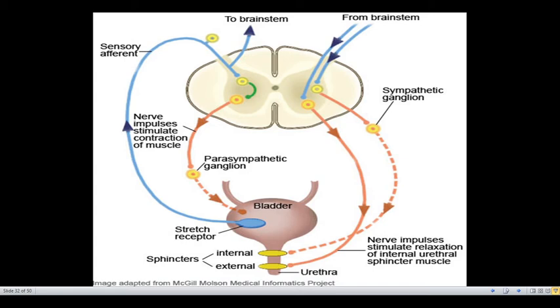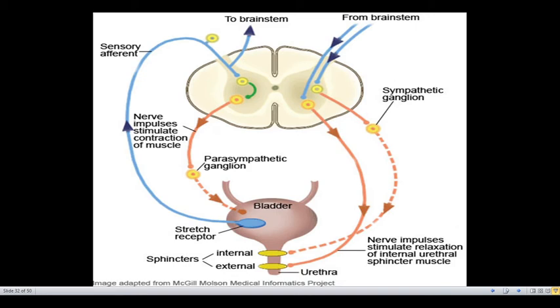Okay, now this figure depicts the micturition reflex and its control by the higher centers. On your left hand, the figure shows the stretch receptor, sensory efferents, and the motor impulses coming via parasympathetic nerves to the urinary bladder.